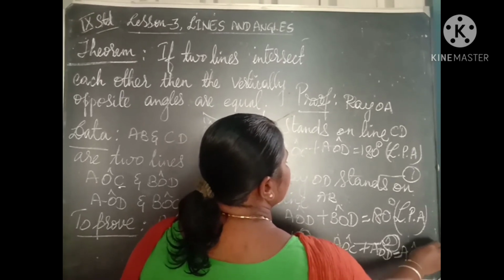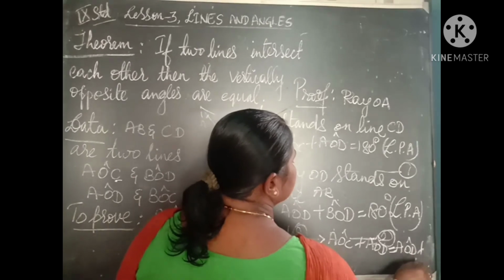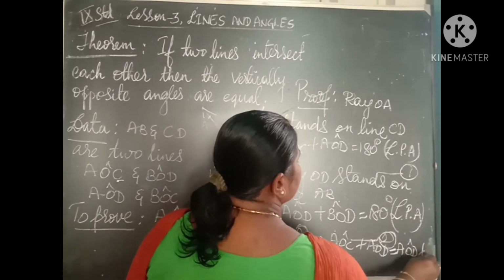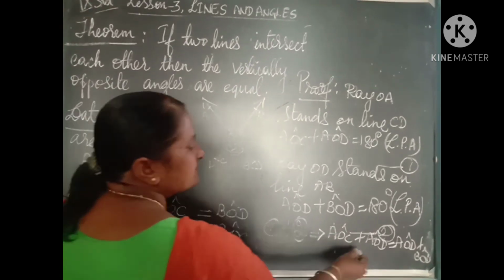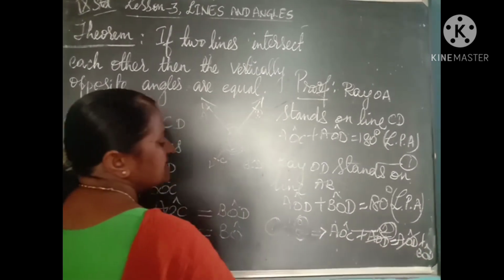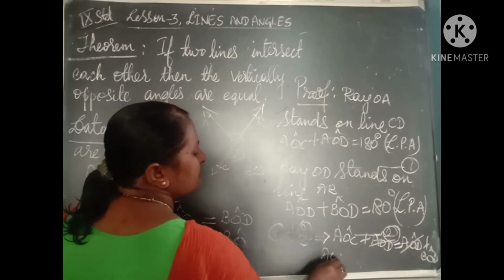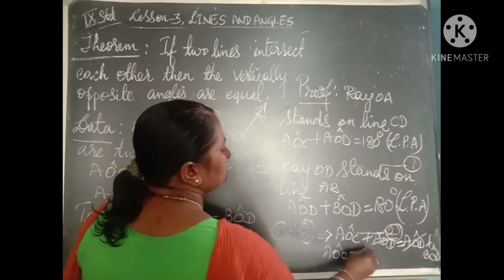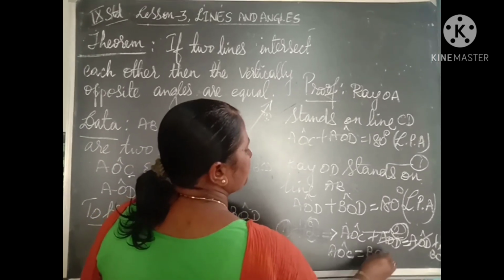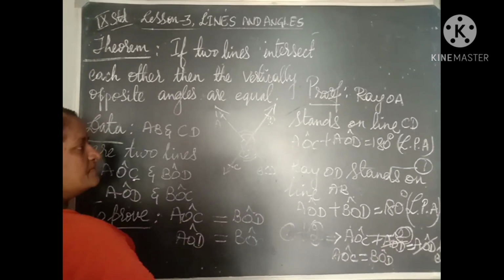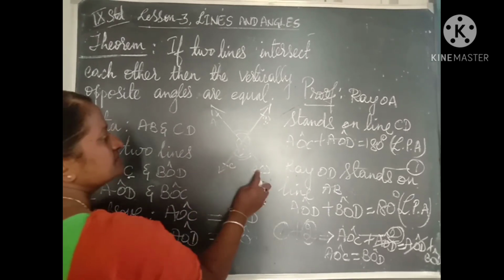Just observe here, AOD will get cancelled. What do we get here? AOC is equal to BOD.